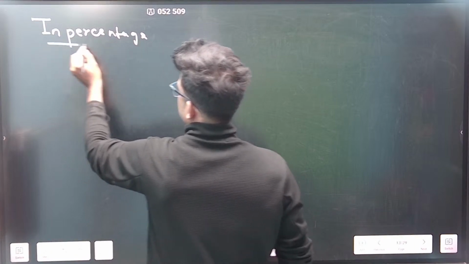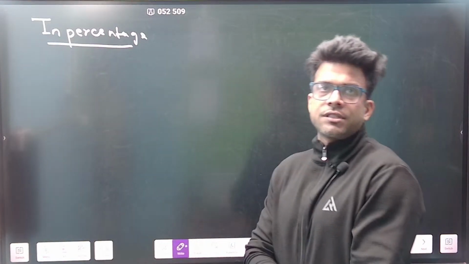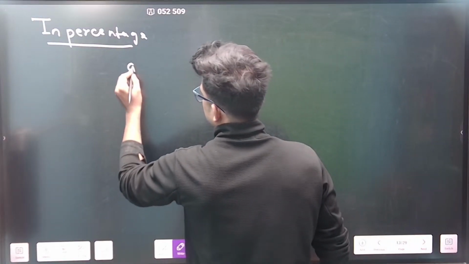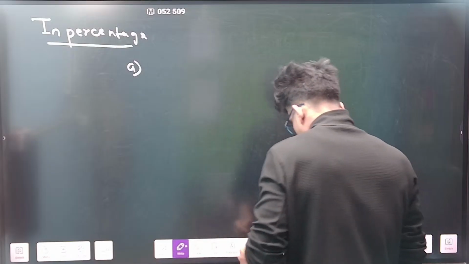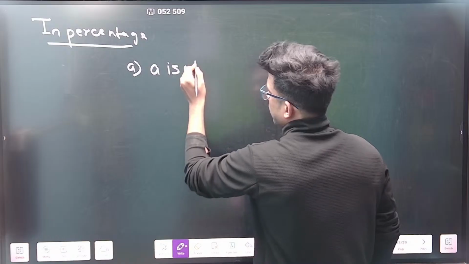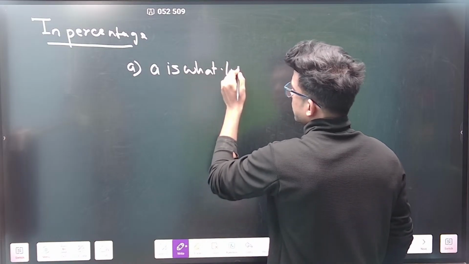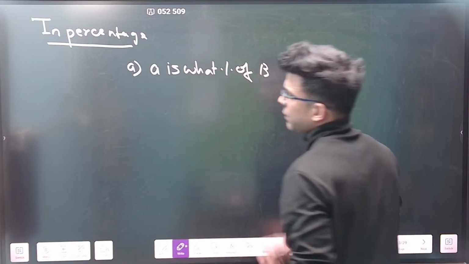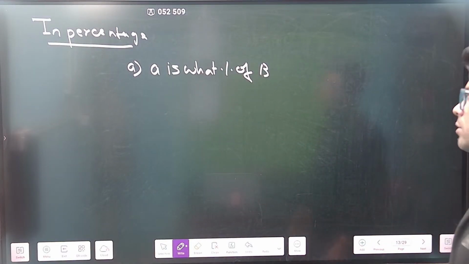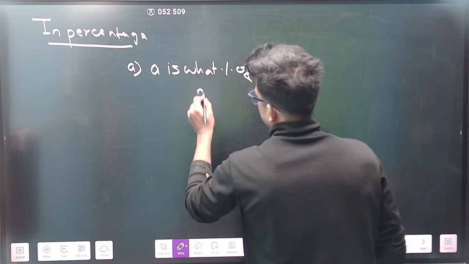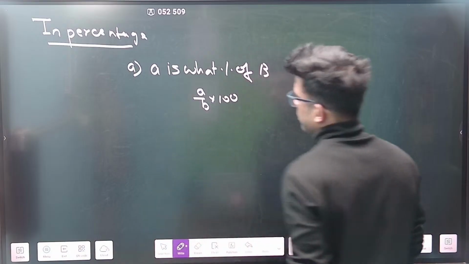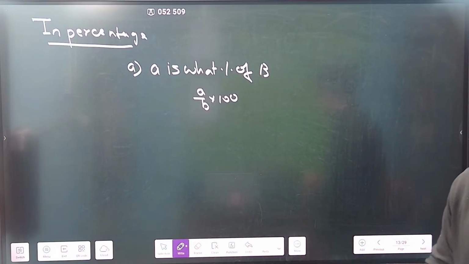If I am talking about percentage, the first important topic is: number A is what percent of B. As all of us know, A is what percent of B means A by B into 100. This is the first point.